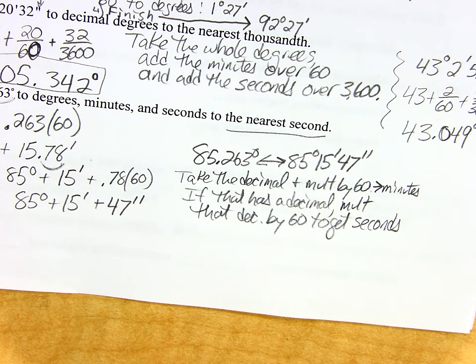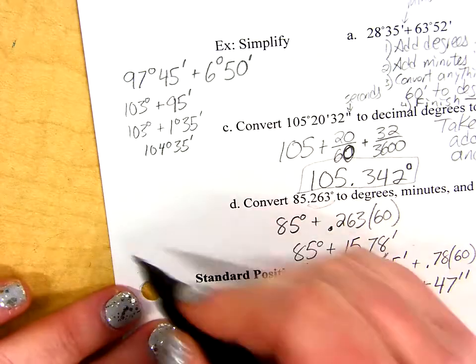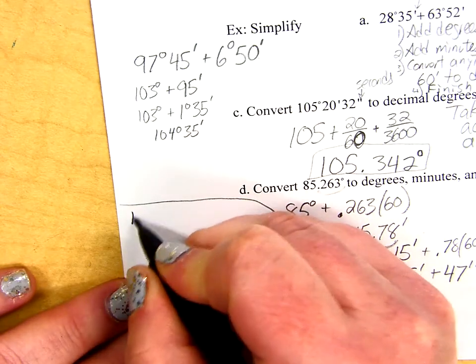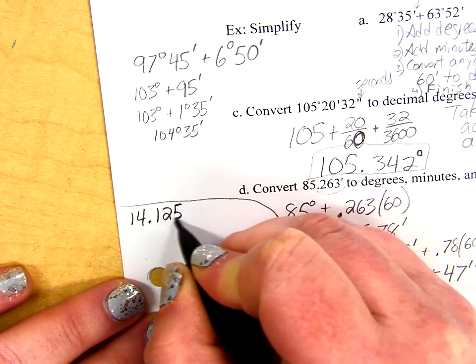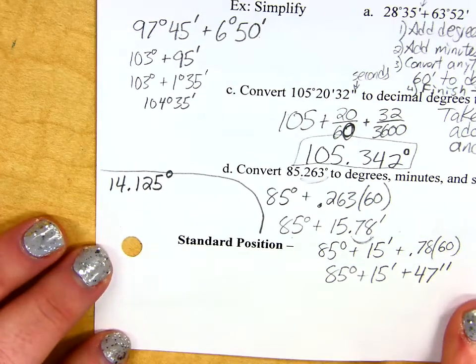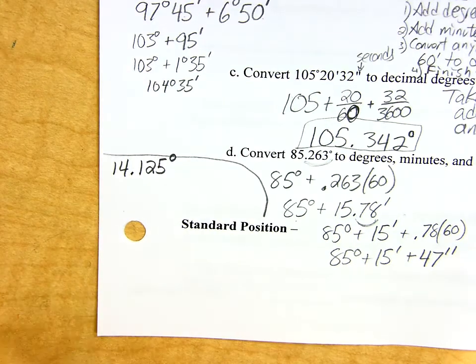Okay, let me give you one to try. Let's do, I'll stick it over here. Oh, I don't know, how about 14.125 degrees? Change that into degrees, minutes, and seconds. What did the writing say?